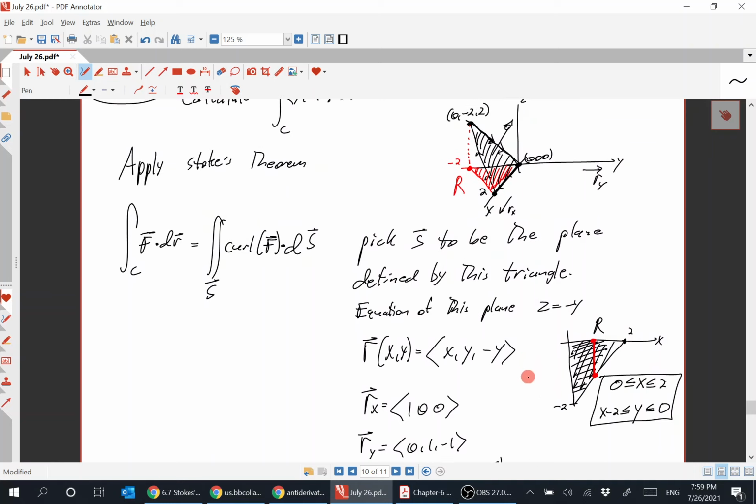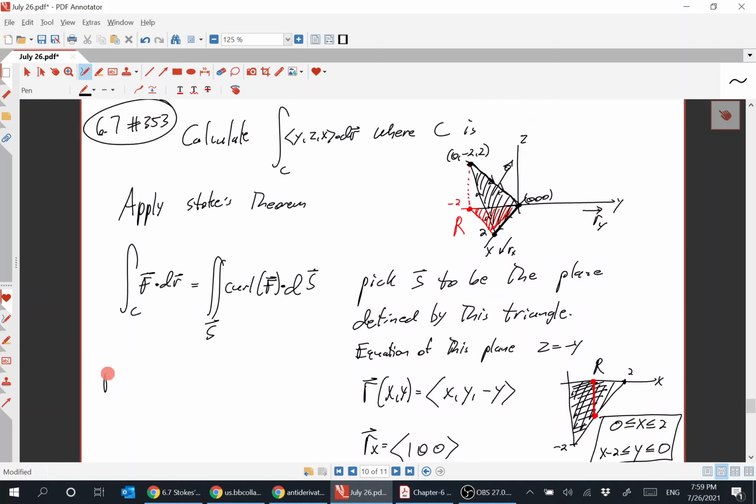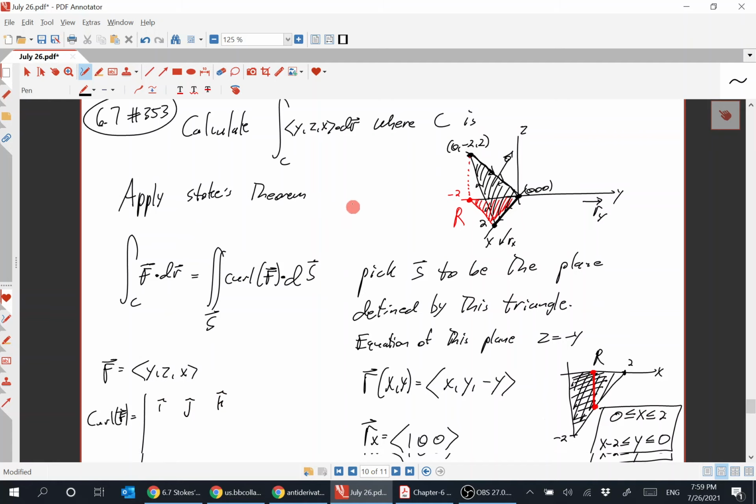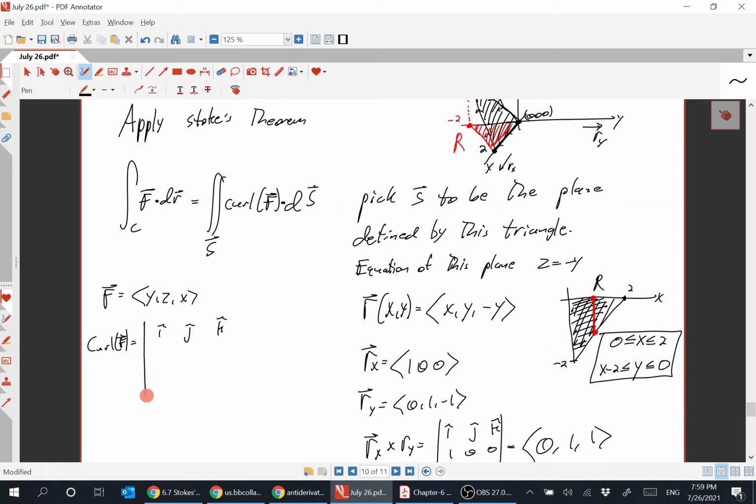Now, the curl. The vector field F was equal to (y, z, x). So now the curl of F is the 3 by 3 determinant: i, j, k; partial with respect to x, partial with respect to y, partial with respect to z; y, z, x.